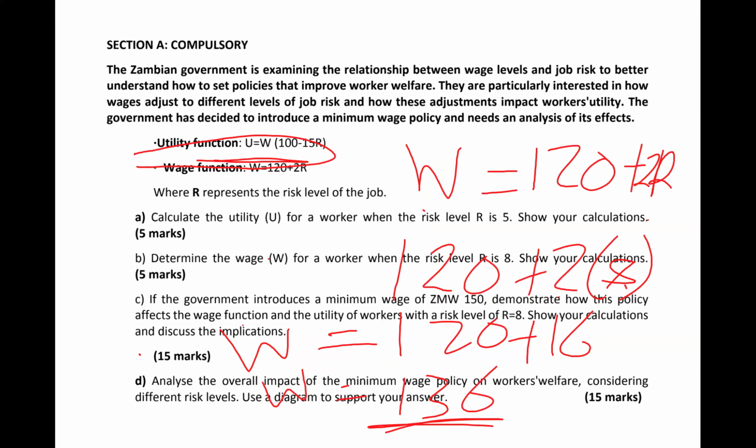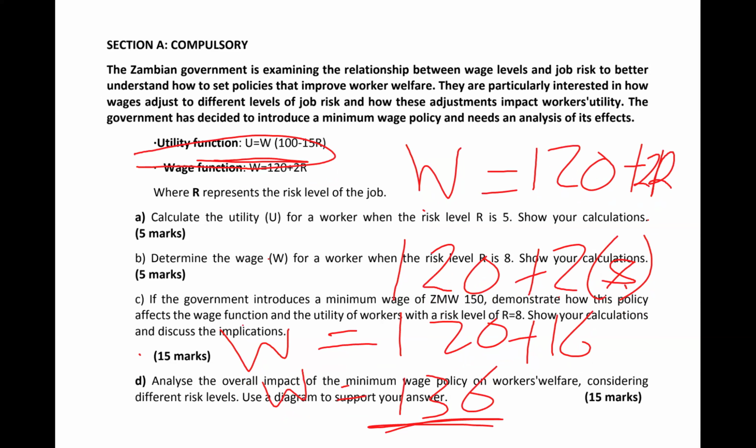Okay, thank you. Let's go to C. Part C of the question is saying, if the government introduces a minimum wage, let's say the minimum wage is 150, are you able to demonstrate how this policy affects the wage function and the utility of the workers with the level of risk at 8?